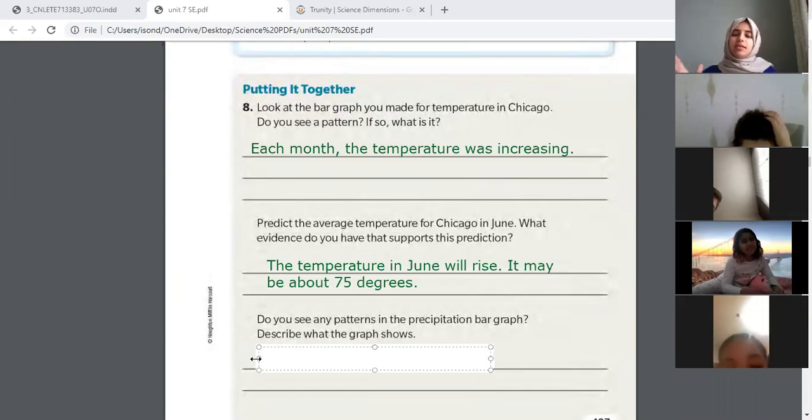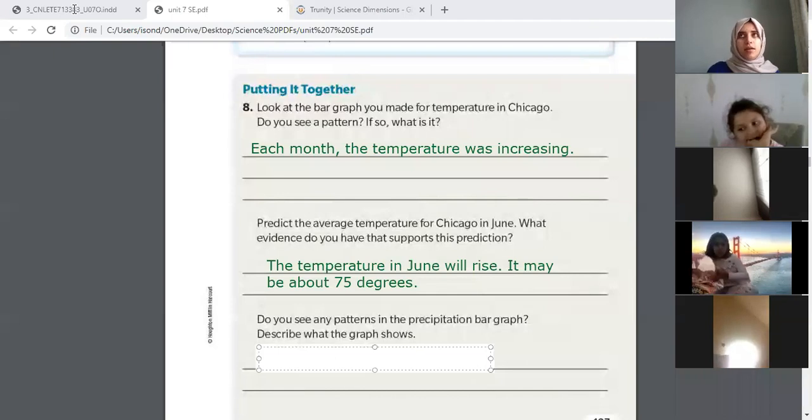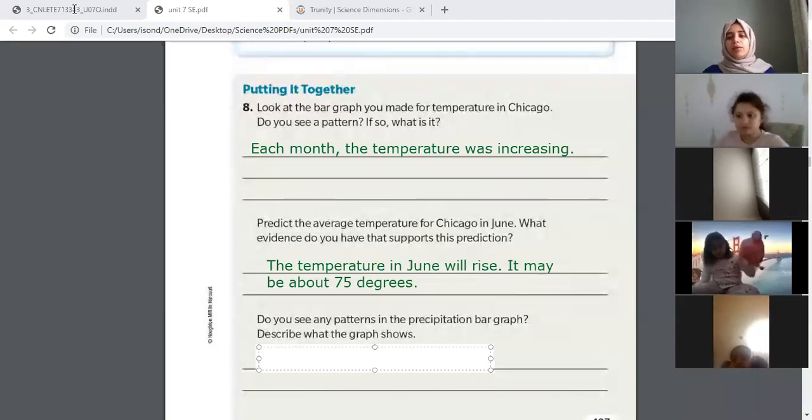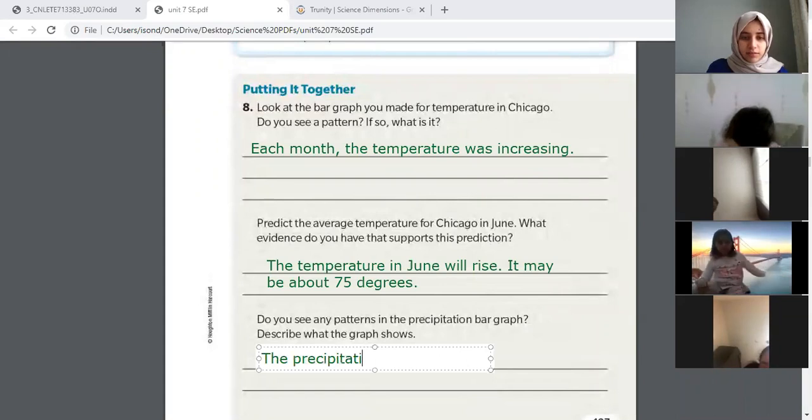Like, is the precipitation going up and then down and then up and then down, or is it always going up or always going down, or is it staying the same? What do you think? It's always going down. It's a bit changing because in the middle it was the greatest month, right? So the precipitation kept changing and was going up. April and May are changing.